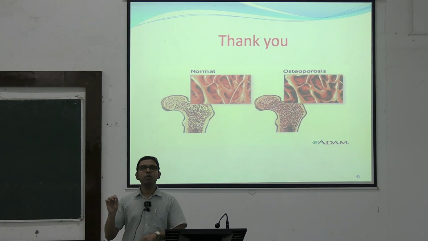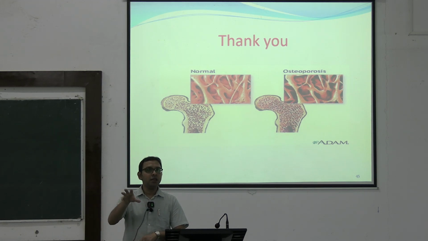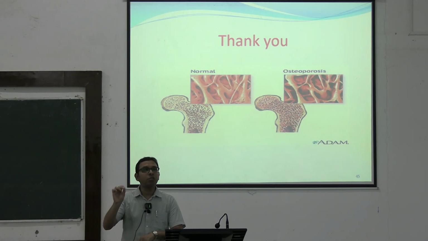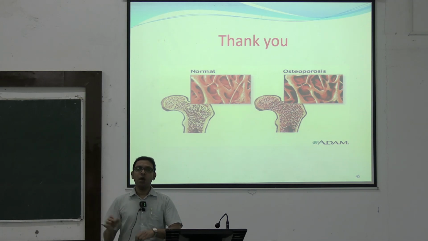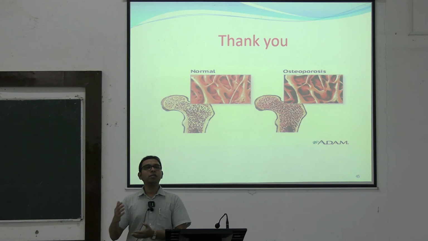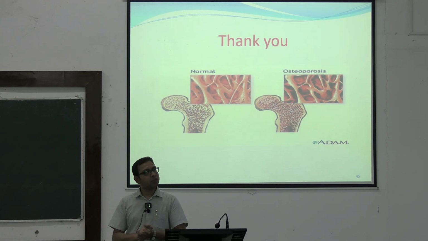A selective estrogen receptor modulator means it has agonistic activity in some receptors and antagonistic activity in other receptors. So, this SERM, most commonly raloxifene, can also be used for the management of postmenopausal osteoporosis. This estrogen as well as this SERM, we will discuss in the female sex hormones classes.